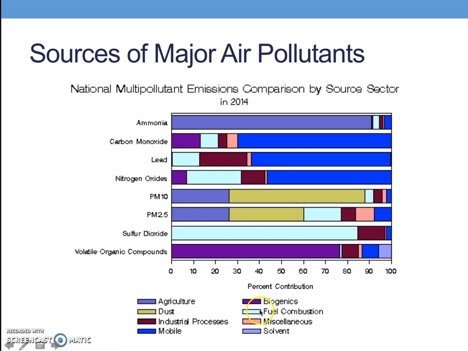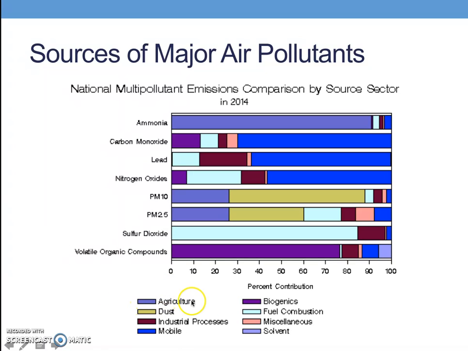Also, if you take a look at this light blue color, which is also a fairly big contributor to these three things, fuel combustion. Again, we're talking fossil fuels. So burning fossil fuels is a major contributor to carbon monoxide, lead, and nitrogen oxides in the atmosphere, as well as sulfur dioxide that we see down here. Fuel combustion is the major source for sulfur dioxide.